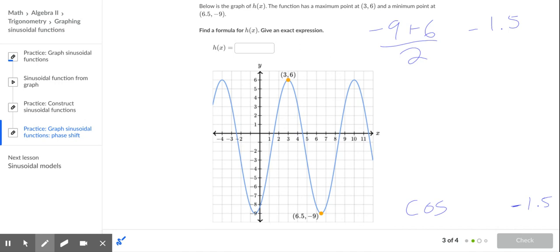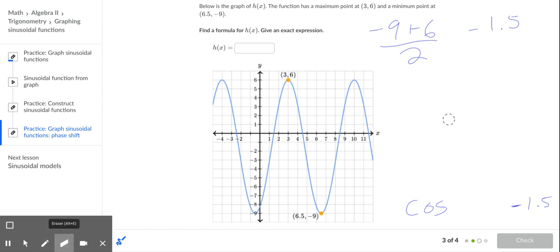Okay. So then the next question is, what is our amplitude? So our amplitude is going to be the distance from the midline to the maximum. So that's going to be negative 1.5, or actually 6 minus negative 1.5.